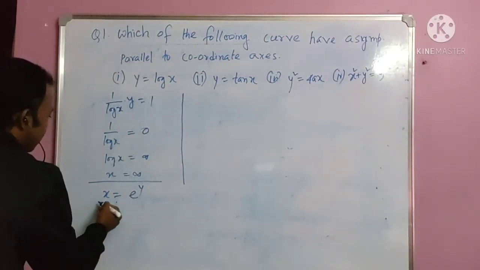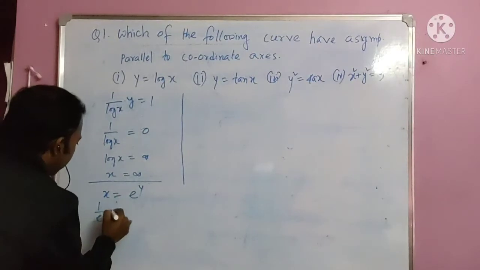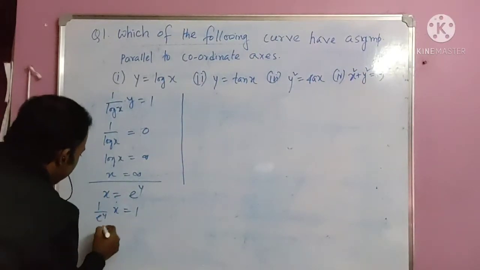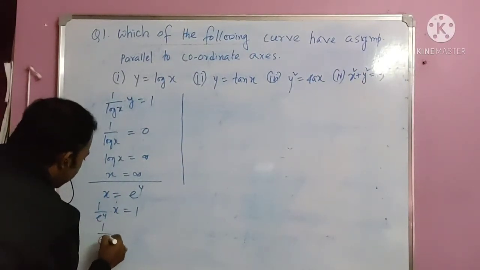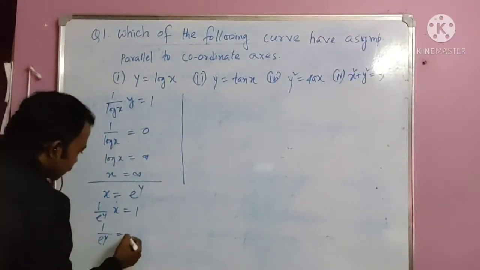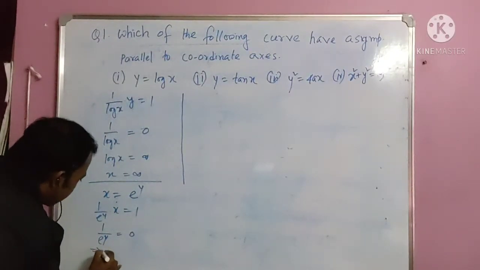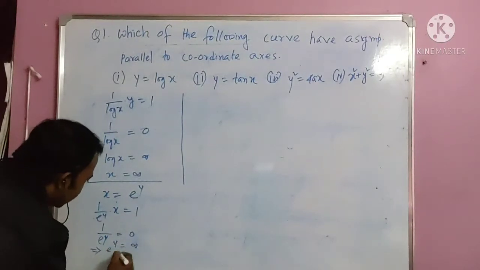Now the coefficient of x is 1 by e to the power y, into x equals 1. Therefore 1 by e to the power y equals 0, using the formula, coefficient equals 0, gives e to the power y equals infinity, gives y equals infinity.